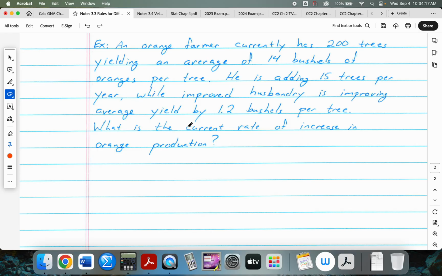All right, so we need a formula for production. How do you figure how many oranges he's going to get off of his farm? Just at the very beginning, forget about all the extra stuff. How many oranges is he going to get this year?